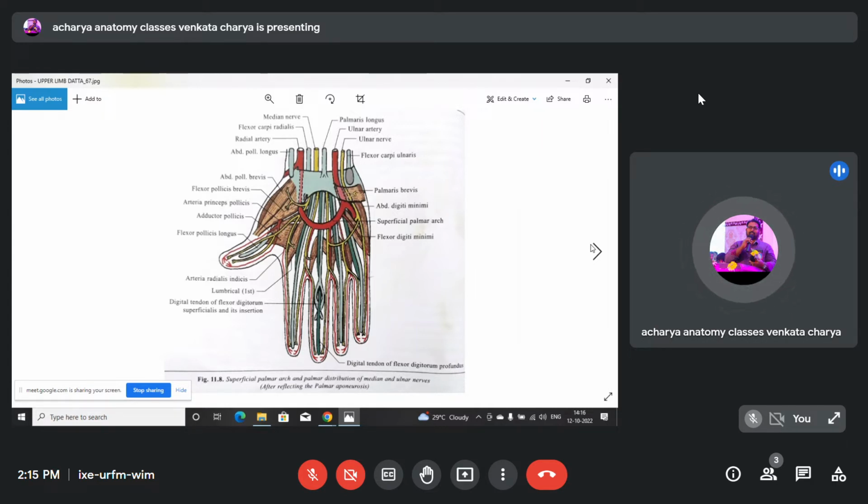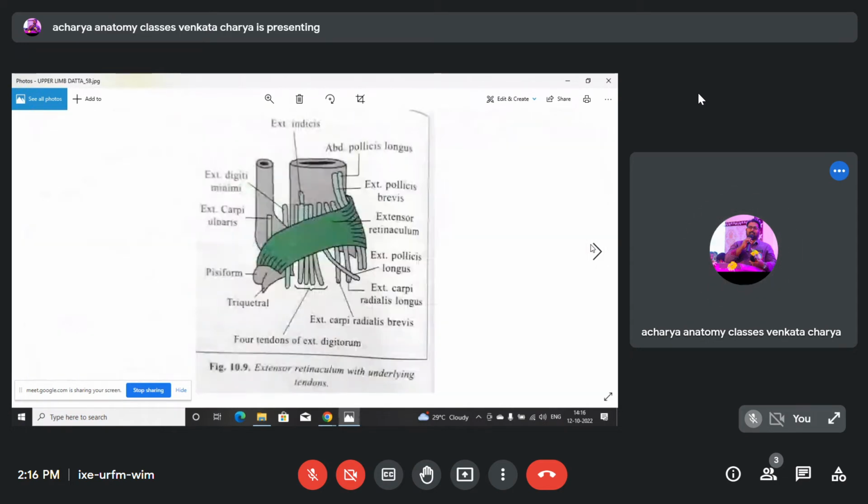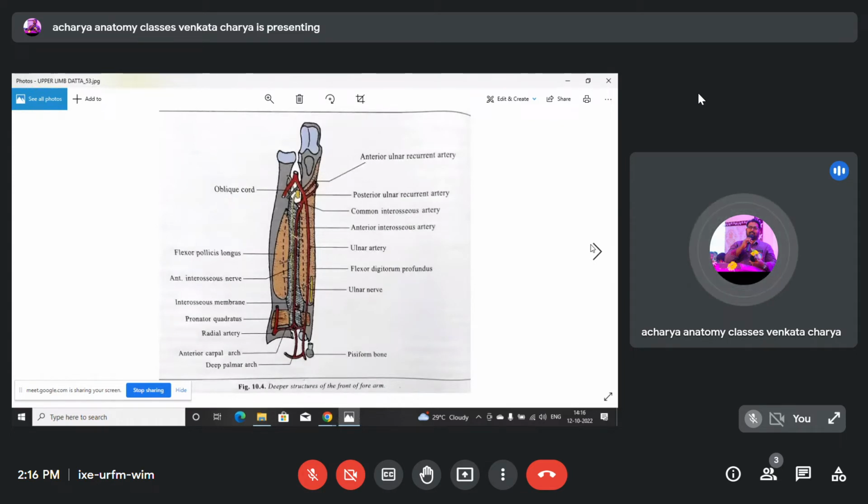Anterior transverse branch of the radial artery anastomosis with the anterior transverse branch of the ulnar artery.